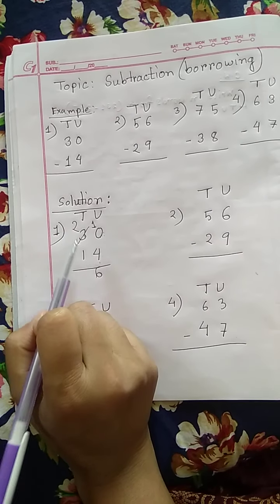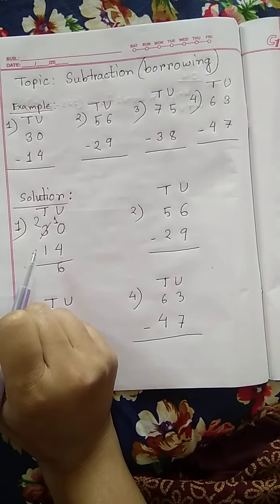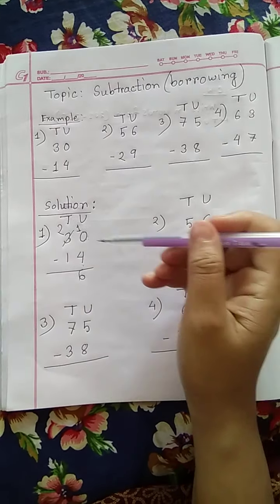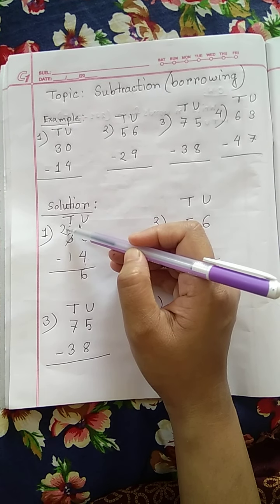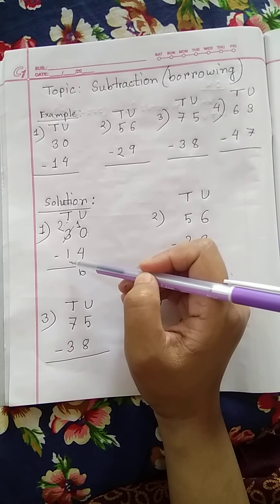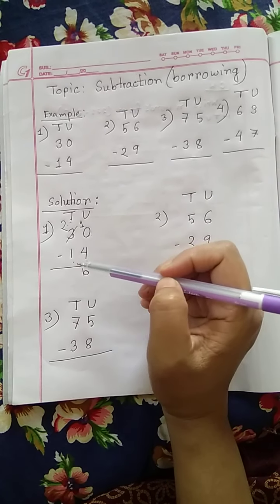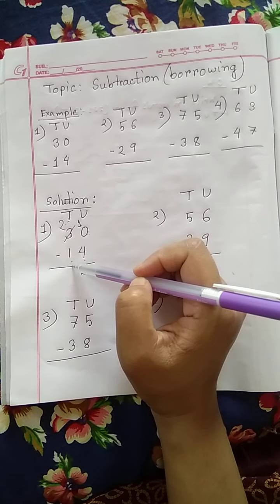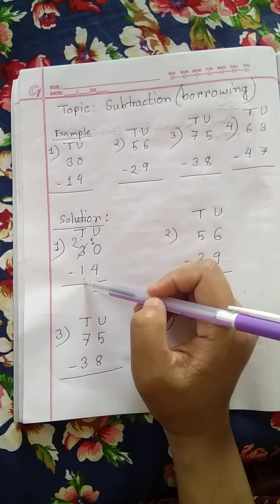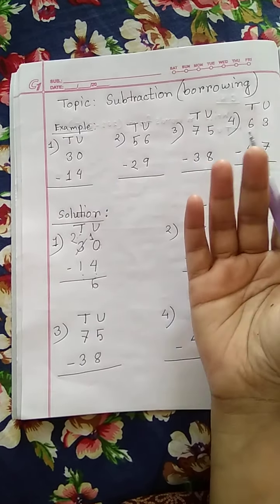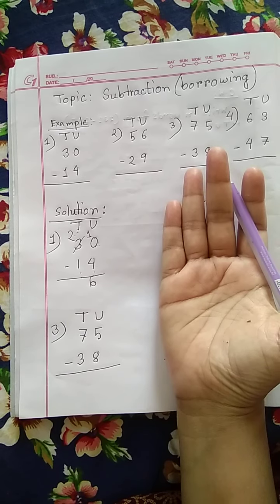Now, the tens part. The upper number is 2 and here is 1. 2 is bigger than 1, right? So, we can subtract it easily. Okay. 1, 2.